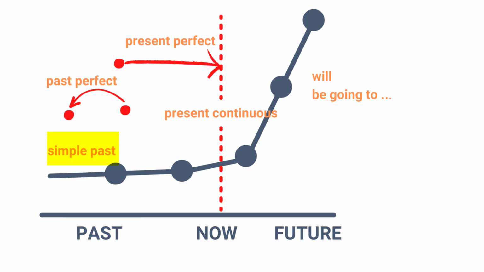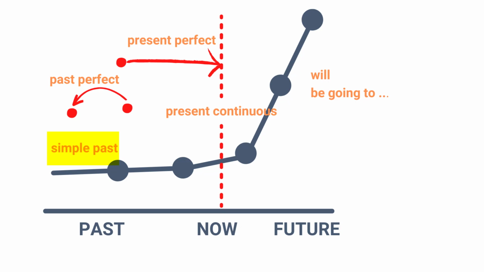In 2010, the tense that I will use is the simple past tense. It's finished and it's complete. So sales rose dramatically in 2010. The company decreased its prices in 2010.